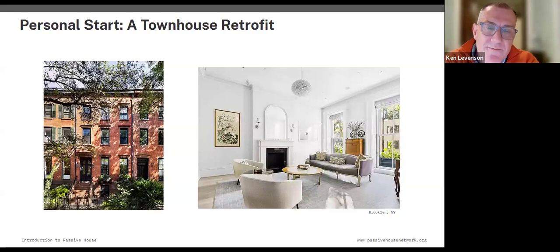And really finding different ways to approach the benefits of what Passive House could do. So this house was actually originally built pre-Civil War. It was like 1849. And in 2011, we renovated it to Passive House standards, and set it up for the next 100 years, which was really exciting.